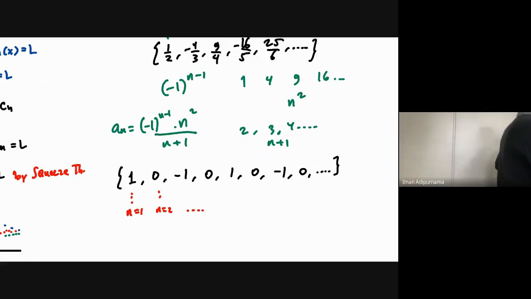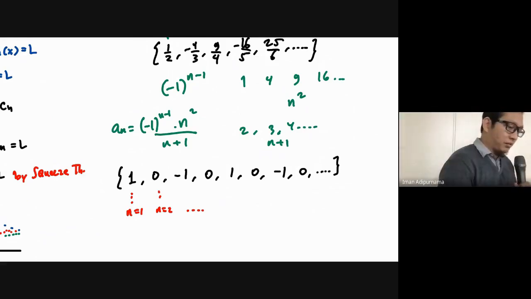You see from this sequence that the maximum is just +1, right? The minimum is just -1. What kind of function? Yes, sine or cosine.